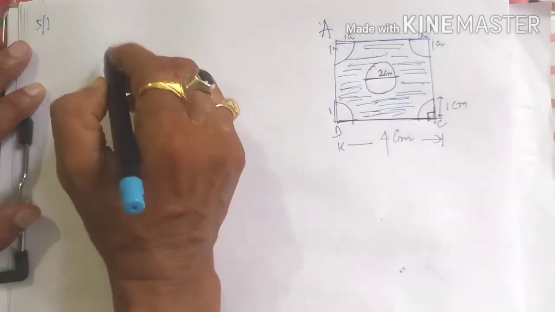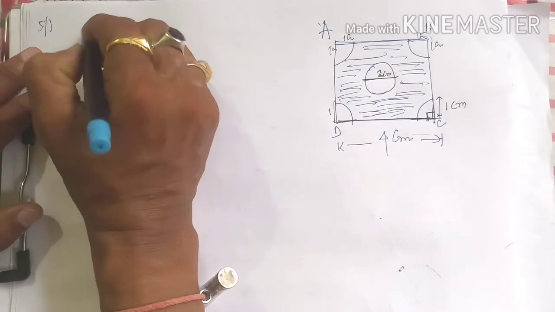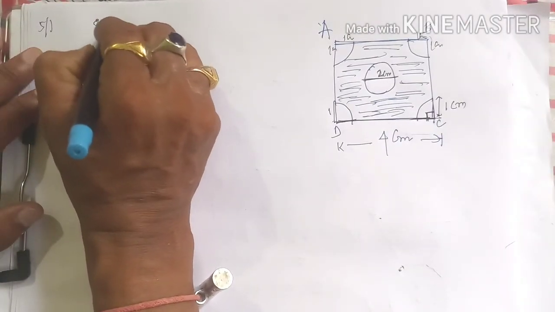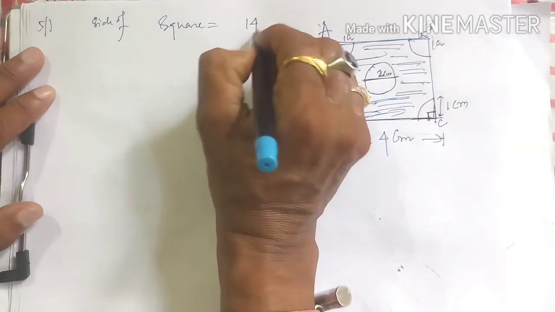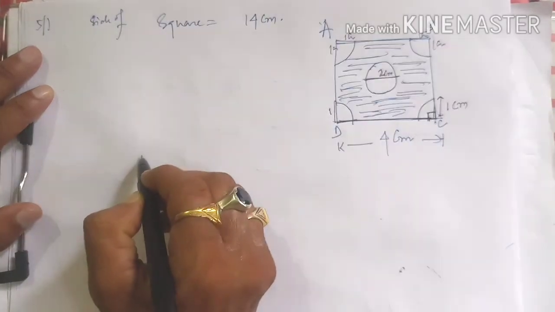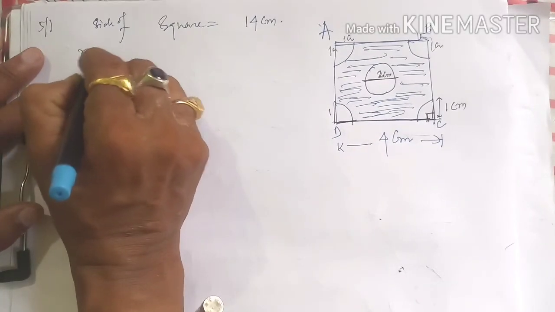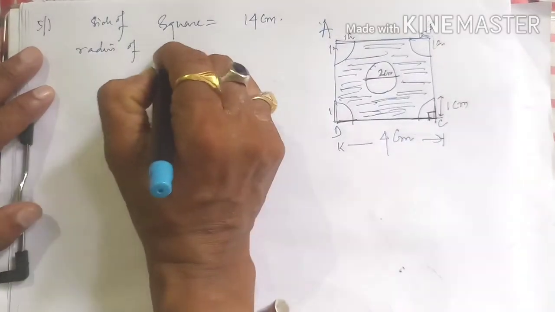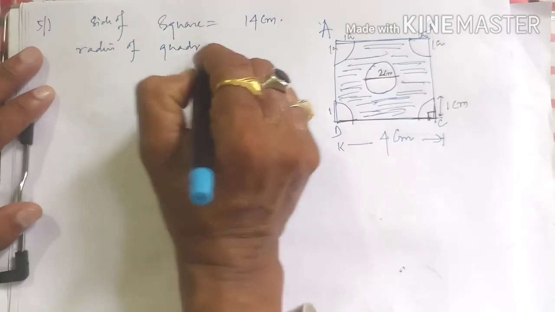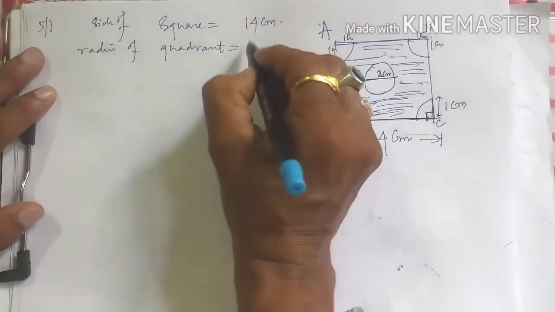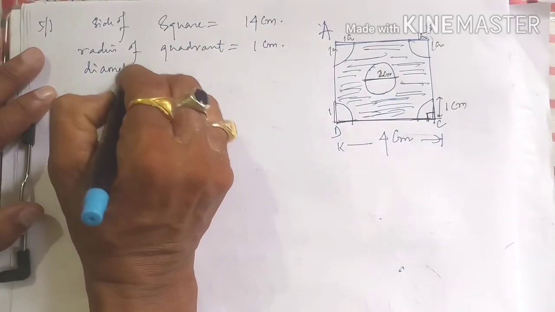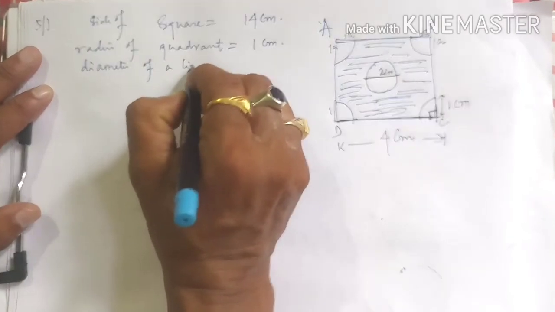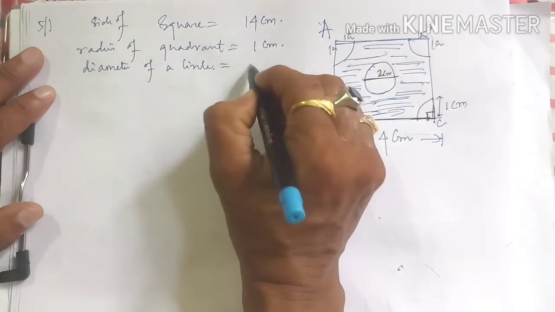That means the shaded portion. So first thing you write, side of square, that is 4 centimeter. Then radius of quadrant, 4 quadrants are there, radius of quadrant 1 centimeter. Diameter of a circle is 2 centimeter.